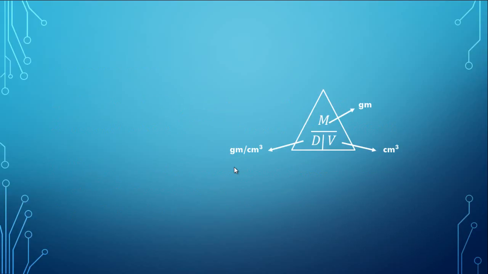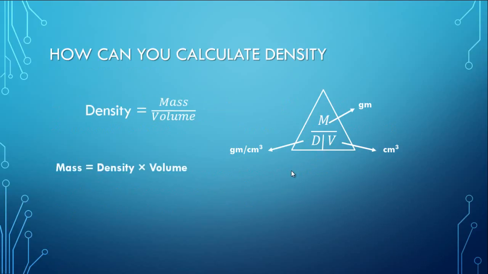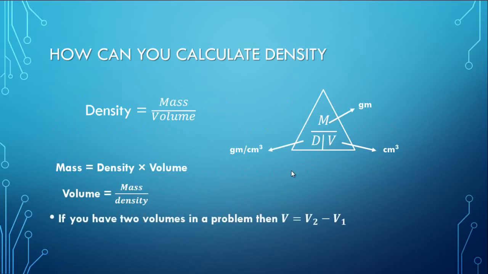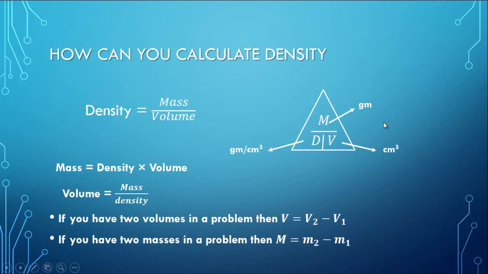We can calculate the mass or the density or the volume of an object by this relationship. How can we calculate the density? By using this triangle, we can calculate density, which is equal to mass divided by volume, or calculate the mass by covering it.